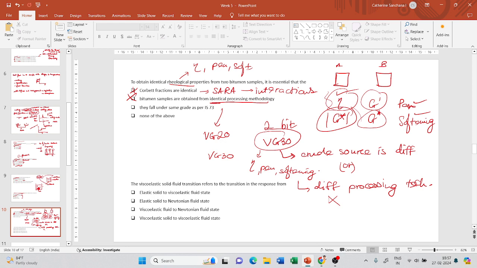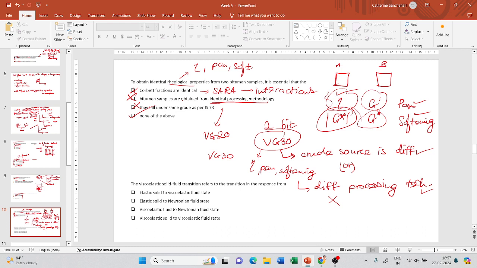Even then, you cannot say that their rheological properties are the same, for the two reasons I told you here. One is the crude source could be different. Second is they could have had different processing technology. You don't know. So this also you cannot choose. So the fourth option, which is none of the above, is the correct answer for this question.